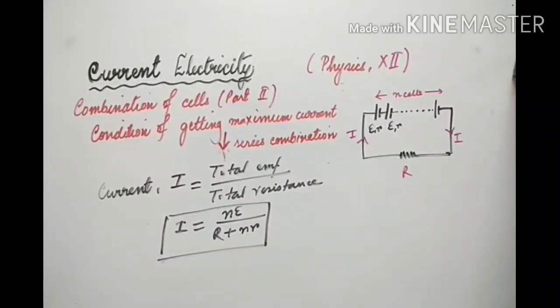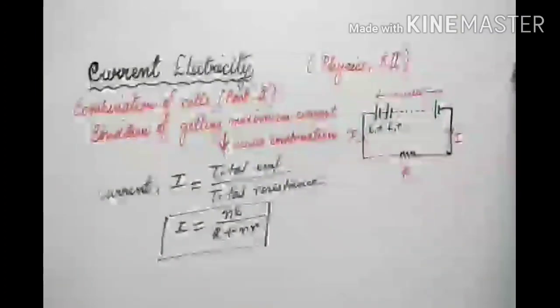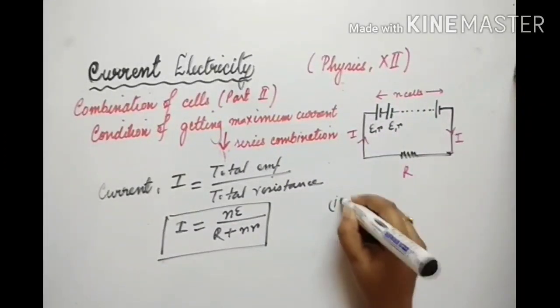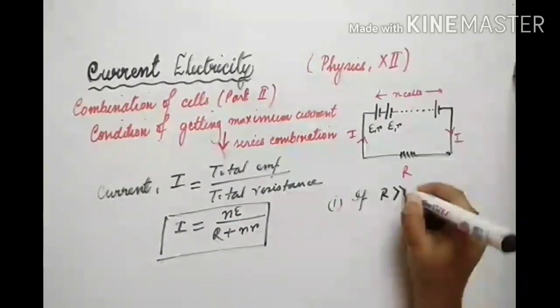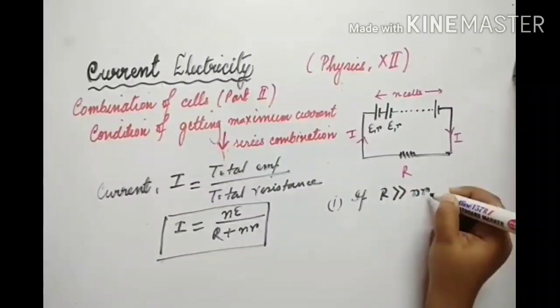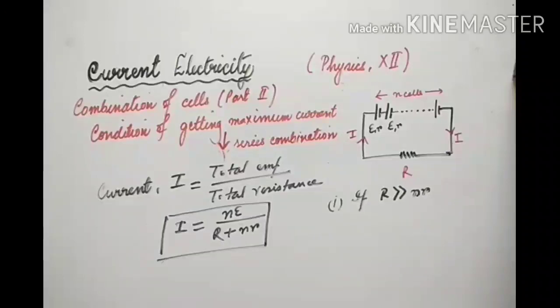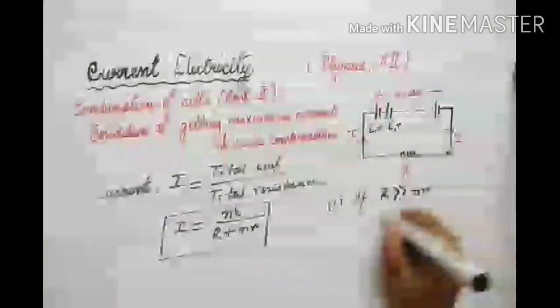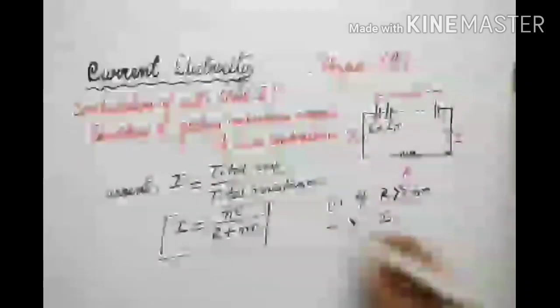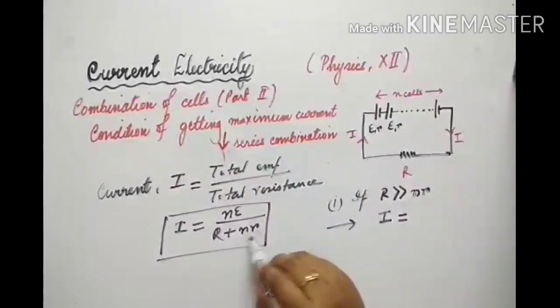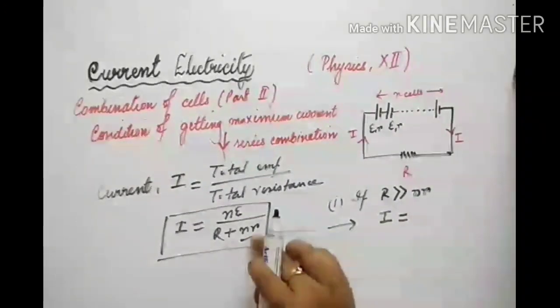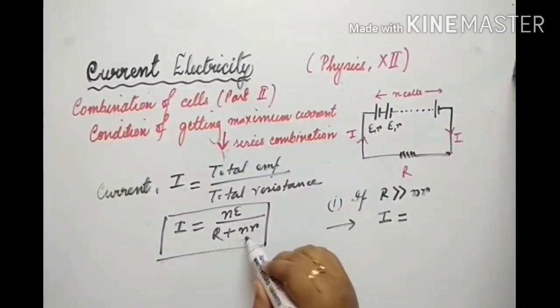Now if you are asked how can you get the maximum current from this circuit, in this case if we take the resistance R much greater than the combination of all the internal resistances, then what will happen? This term can be neglected because R is much greater than this.